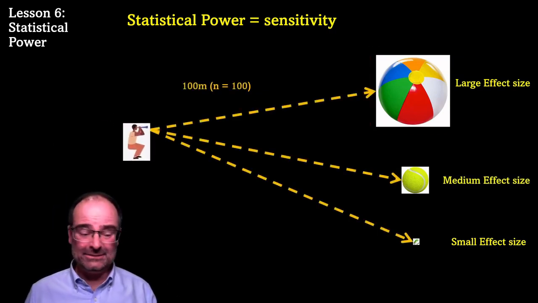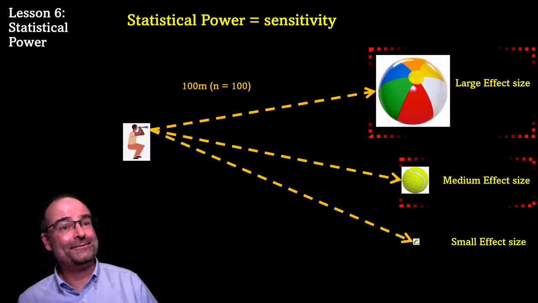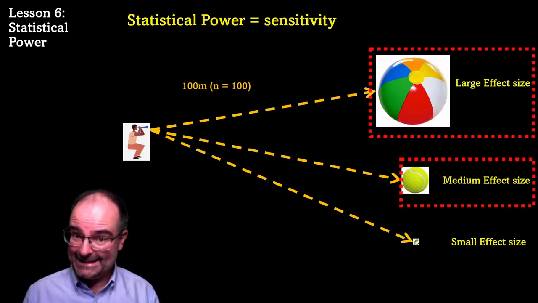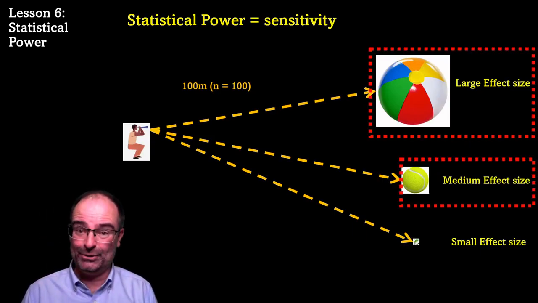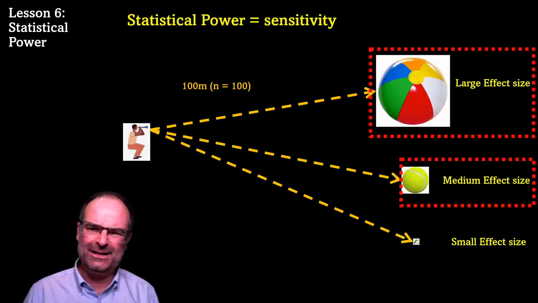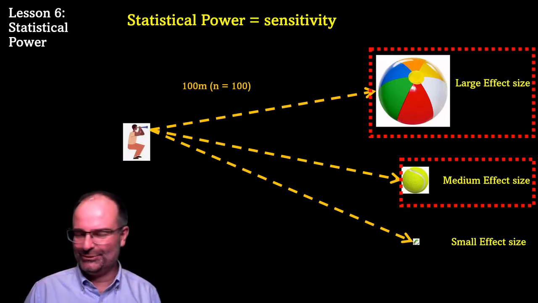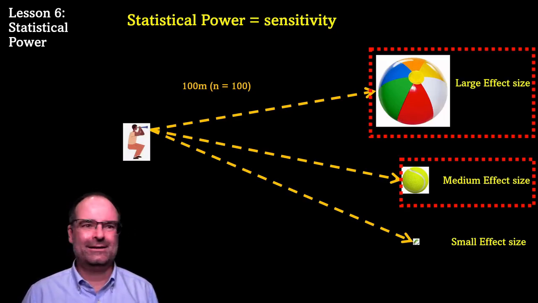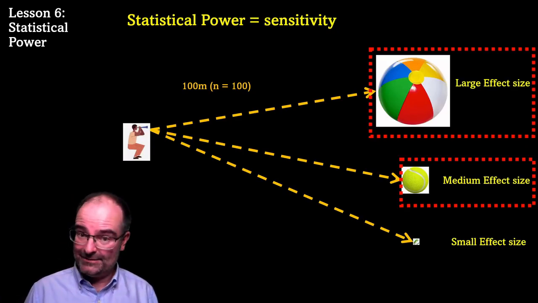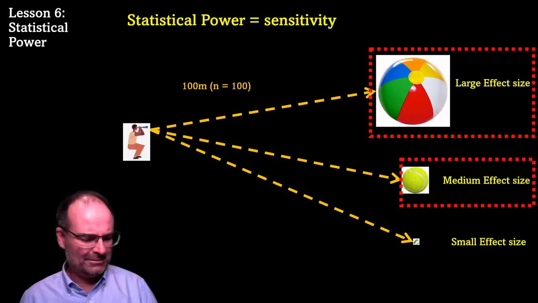Bit closer, well, you're going to have sufficient power, sufficient sensitivity to see the beach ball and the tennis ball now. You're only 100 metres away using a telescope. Marble at that distance, I think I chose marble too because it's slightly see-through. Yeah, you're still going to be underpowered. You're not going to have the sensitivity in your setup to detect the marble.